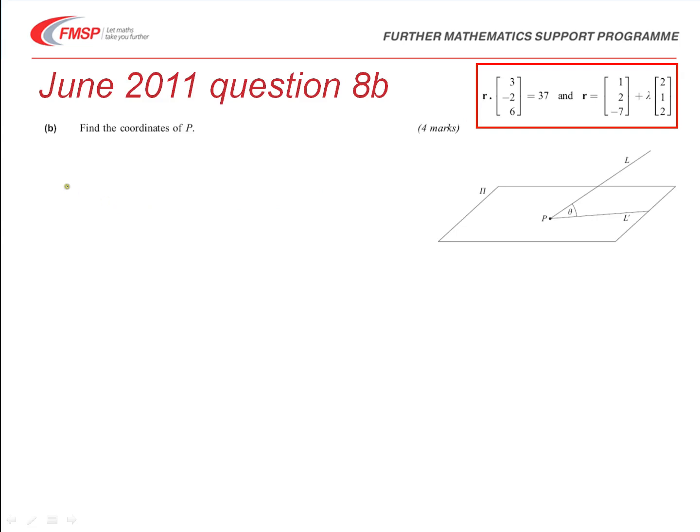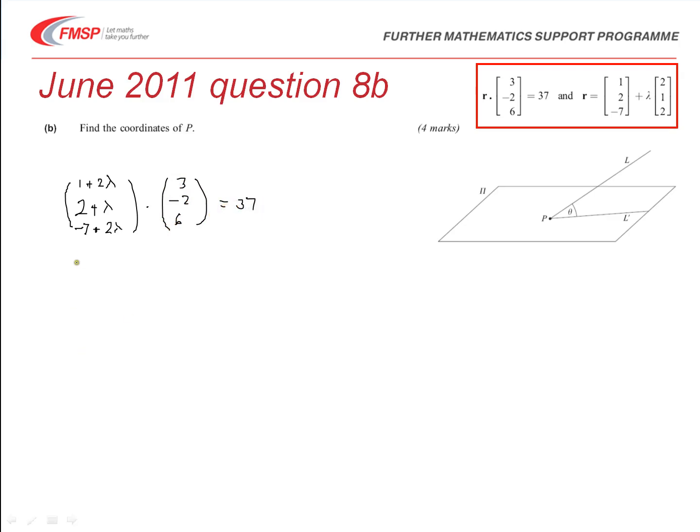So we have 1 plus 2 lambda, 2 plus lambda, and negative 7 plus 2 lambda, and we dot that with 3, negative 2, 6, and we know that must give you an answer of 37.